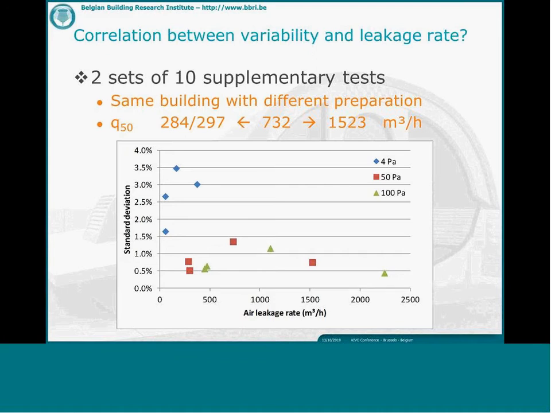You can see on the chart with the blue, red or green dots, there is no real correlation. So it does not mean that there is no correlation, but it means that we cannot strengthen the idea that there is a correlation.